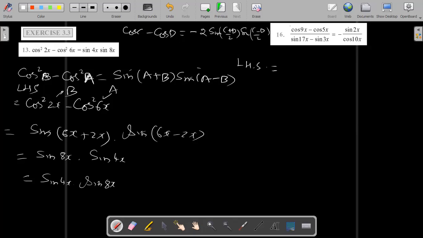and for sin C minus sin D, the denominator, that means the second part, cos sin will come: 2 cos (C plus D) by 2 and sin (C minus D) by 2. So this will be applied in the numerator.